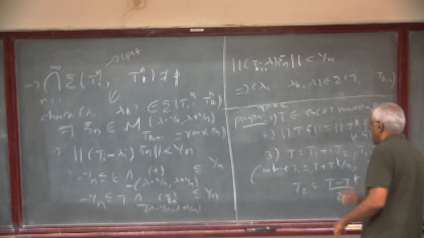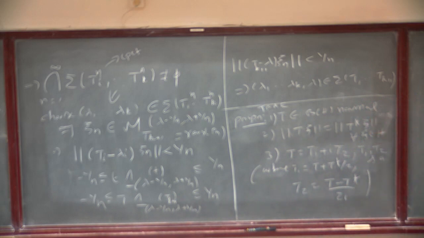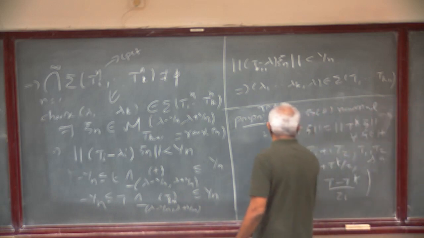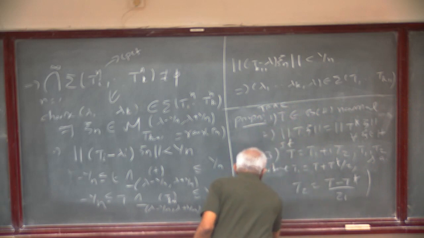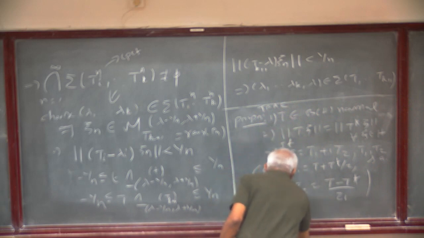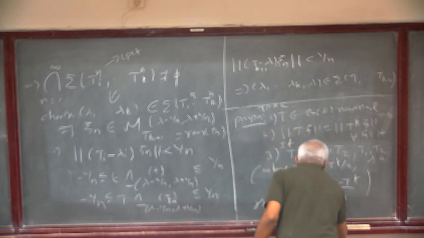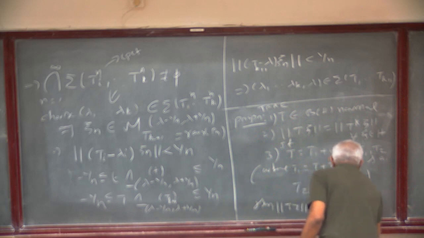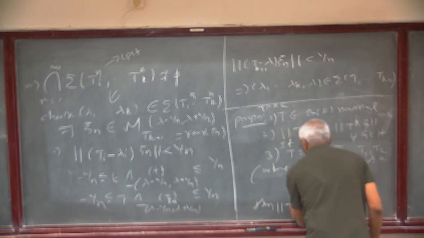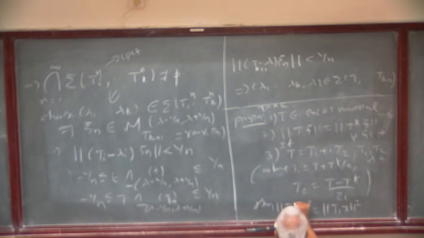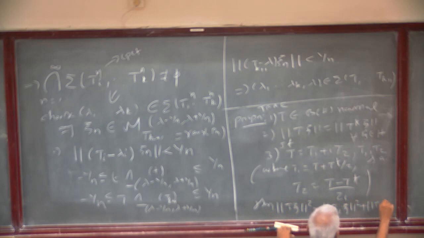So if T is normal, then norm of Tξ squared equals norm of T1 ξ squared plus norm of T2 ξ squared.